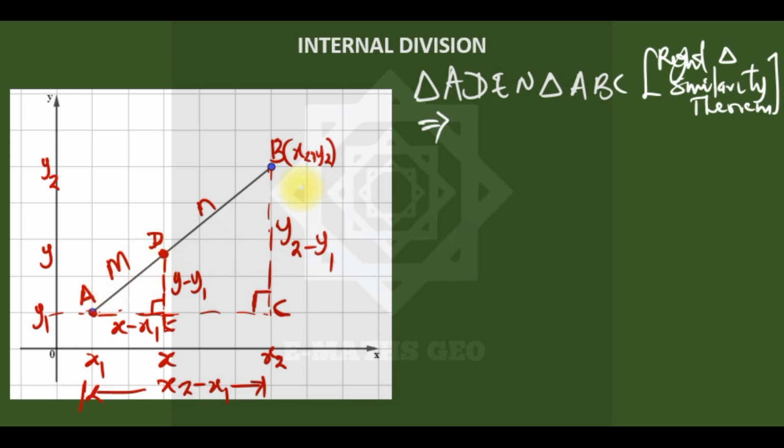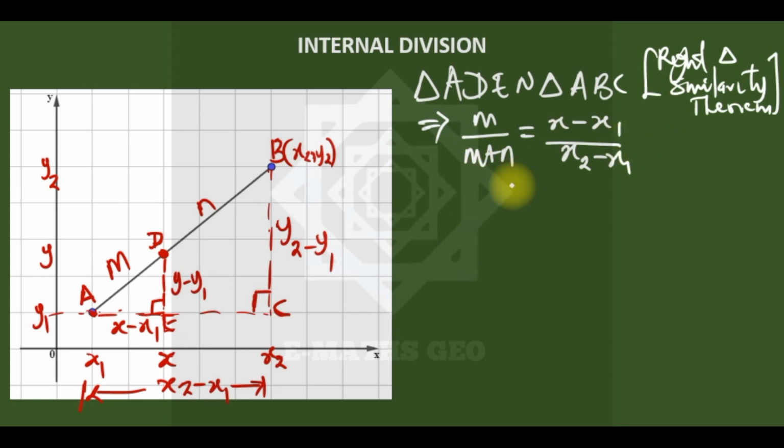As you can see, m, the hypotenuse of this, corresponds to the hypotenuse of the big triangle, which is m plus n, is equal to this side, which is x minus x1, corresponding to this big one, which is x2 minus x1. So that's the first one.